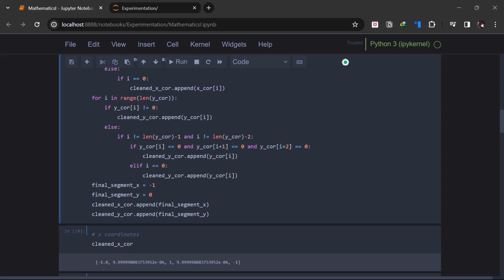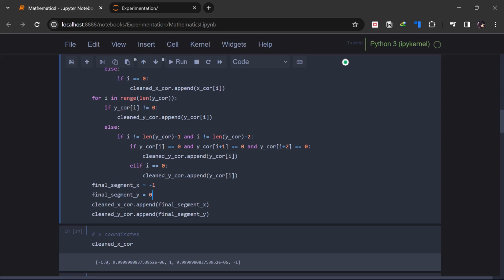So in this case, as you can see, we will not be getting -1 comma 0 at last, the point where we started, right? So we have to append -1 and 0 at the very last position, to complete that polygon.